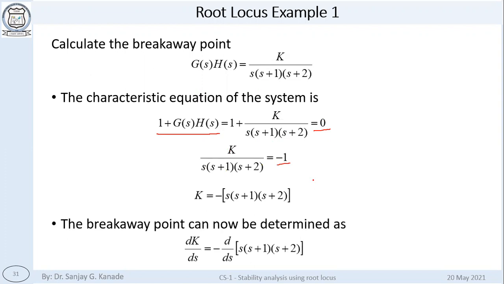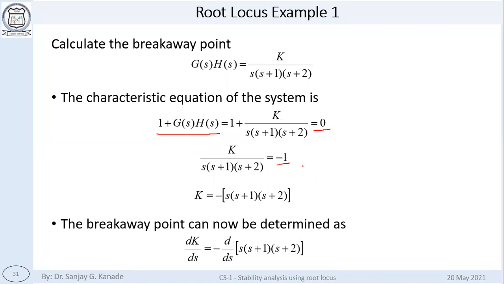So basically for dk by ds, we are going to just differentiate this equation with respect to s. Are you getting this? This is, I would say, the most difficult part of the root locus calculations. To calculate the breakaway points, the most difficult point is just because of heavy calculations, nothing else.